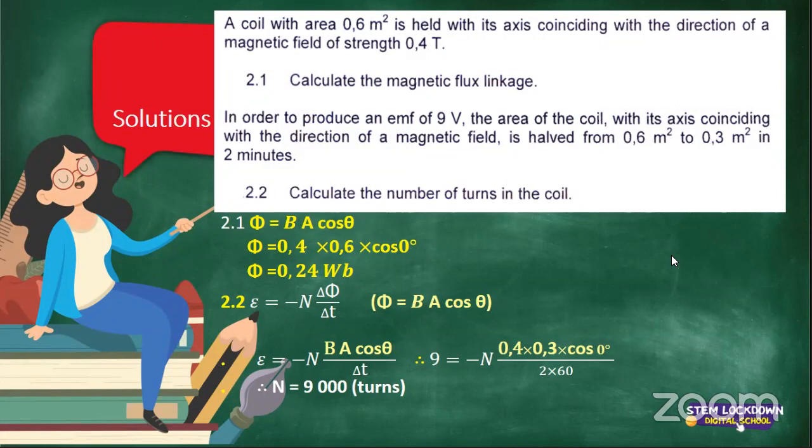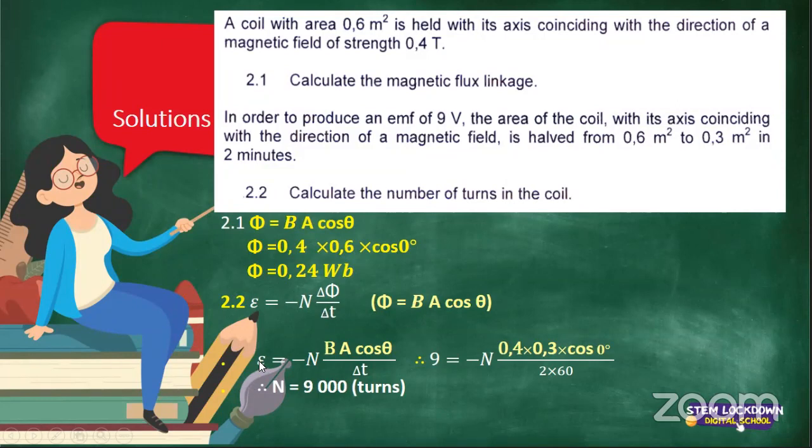So the next question was to calculate, in order to produce an EMF of 9 volts, the area of the coil with its axis coinciding with the direction of the magnetic field is halved from 0.6 square meters to 0.3 square meters in 2 minutes. Calculate the number of turns of the coil. So we know that EMF is given by the number of turns multiplied by the change in magnetic flux over delta t.